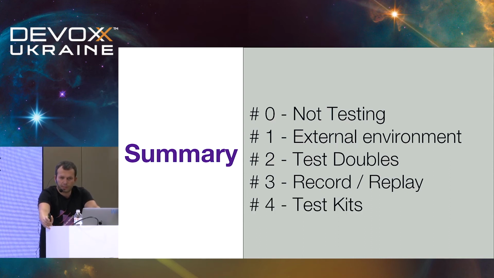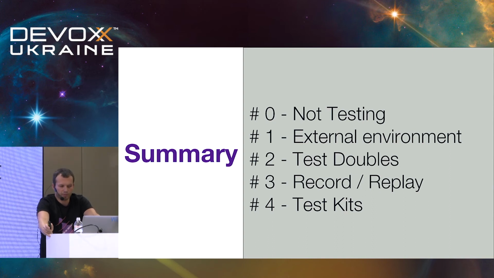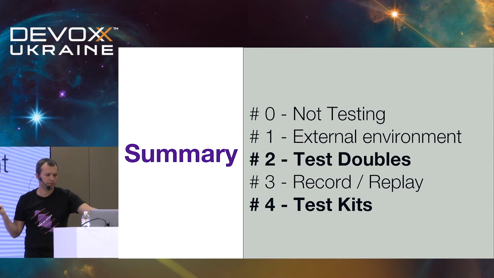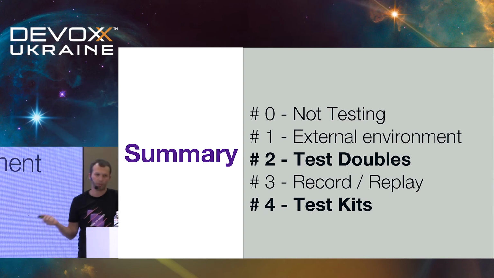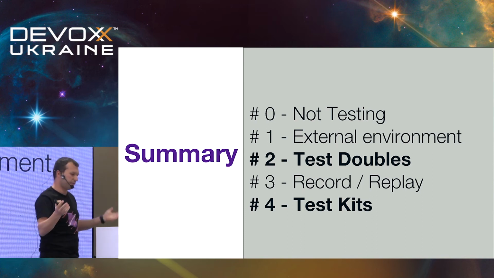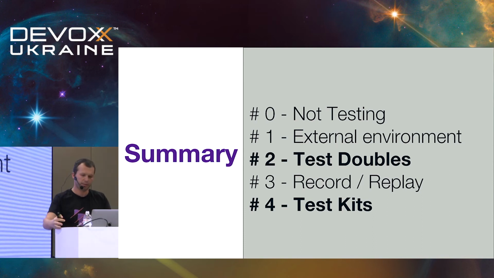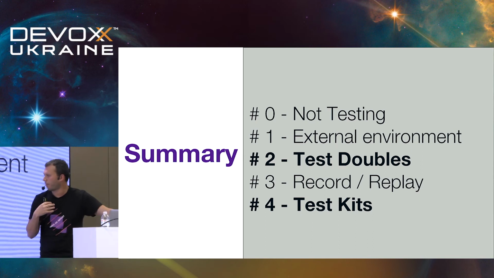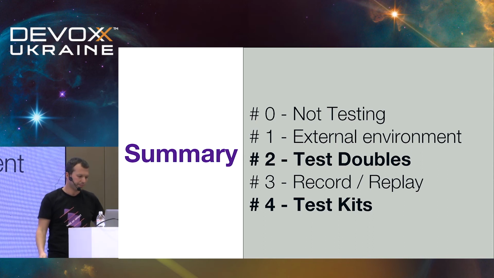And test kits, which is something that we use at Wix especially for infrastructure services. So these are the two that we at Wix use most of the time. Of course, it depends on your company, on the stuff that you're doing, but this is what works for us for a really big organization.